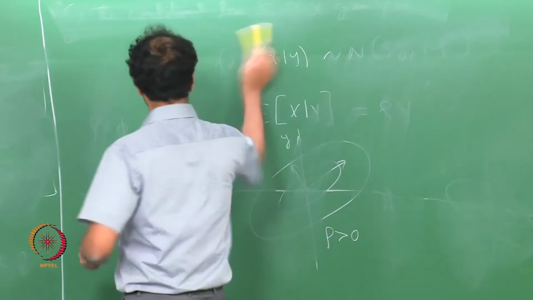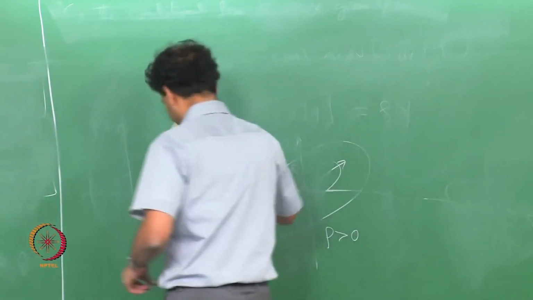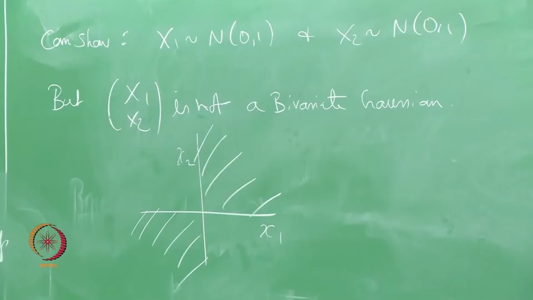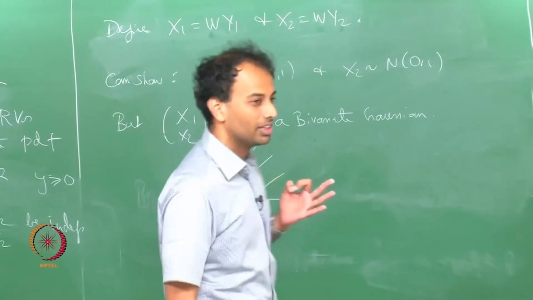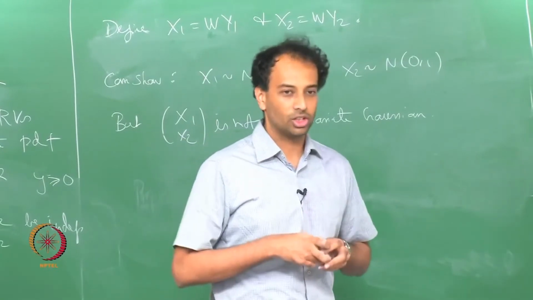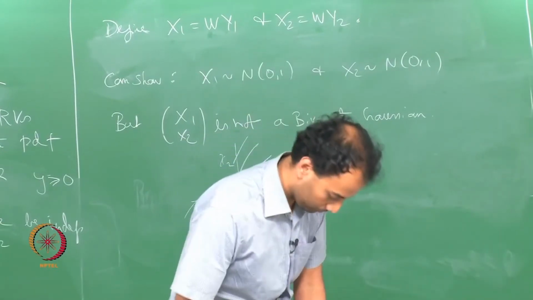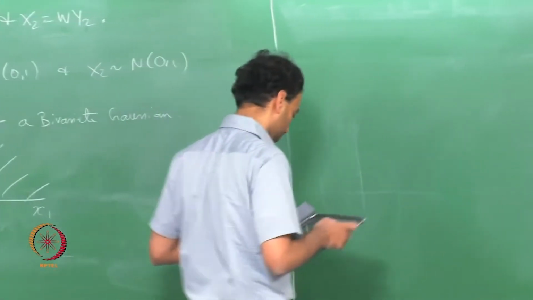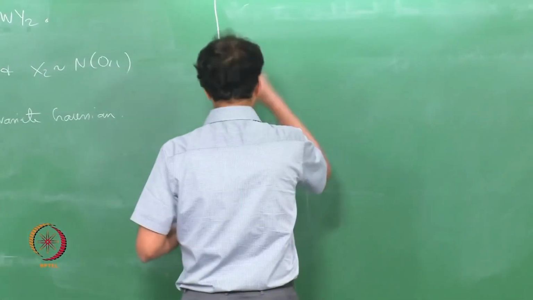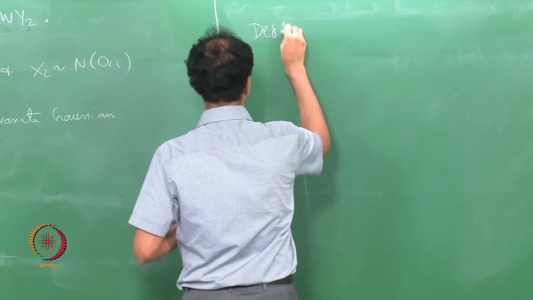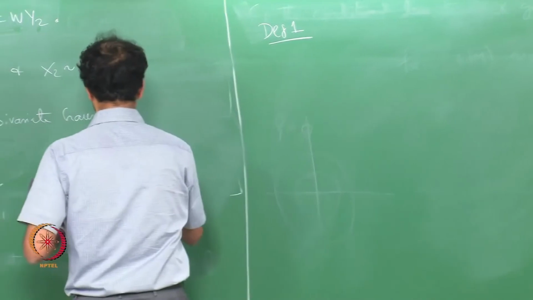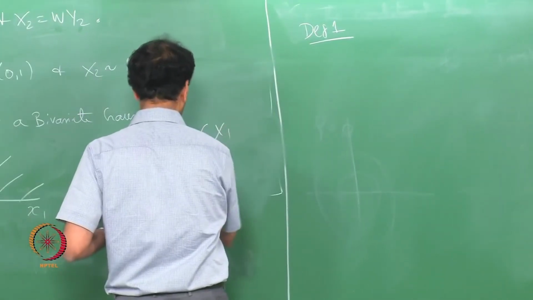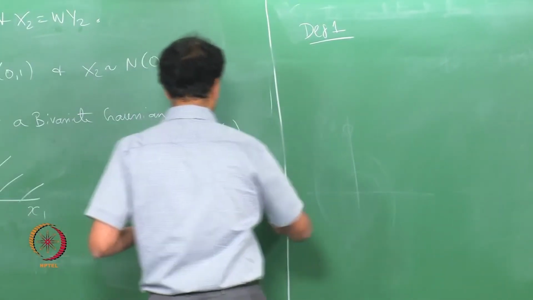Okay, so now we will define it for the n-dimensional multivariate case. There are 3 equivalent definitions of a multivariate Gaussian or a joint Gaussian. My X is a column vector of n random variables.